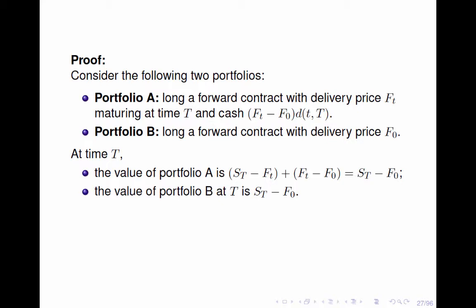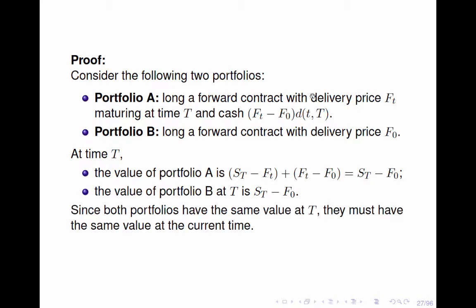And the value of portfolio B is the value of the forward contract with delivery price F0, that is ST − F0. Since both portfolios have the same value at time T, they must have the same value at the current time.